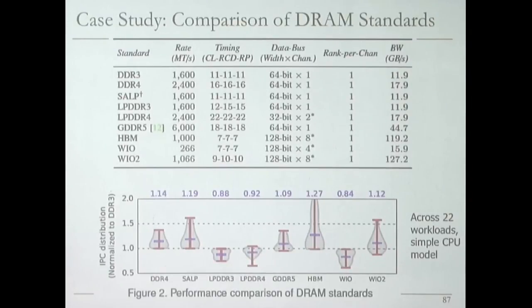For example, in this case, using DDR4 instead of DDR3 improves performance. That blue part happens to be 14% more. And this is the distribution across the workloads. You can actually see the distribution over here and where the distribution is heavy, as you can see with these graphs. There was a name for these graphs that escaped me right now. Does anybody know?